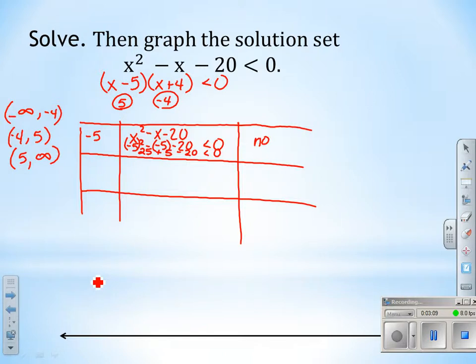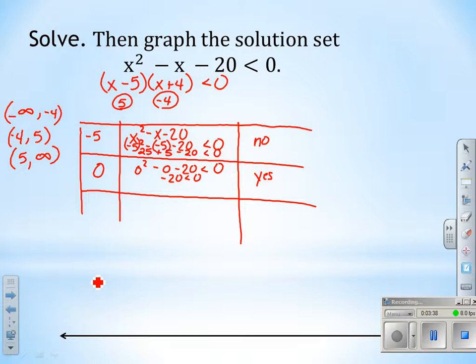Our second interval goes from negative 4 to 5, so I'm going to pick 0 just because it's the easiest one to work with. So I have 0 squared minus 0 minus 20 less than 0. That results in negative 20 less than 0, and yes, it is less than 0. So there are solutions in negative 4 to 5. All of our real numbers in between those two digits satisfy our inequality.